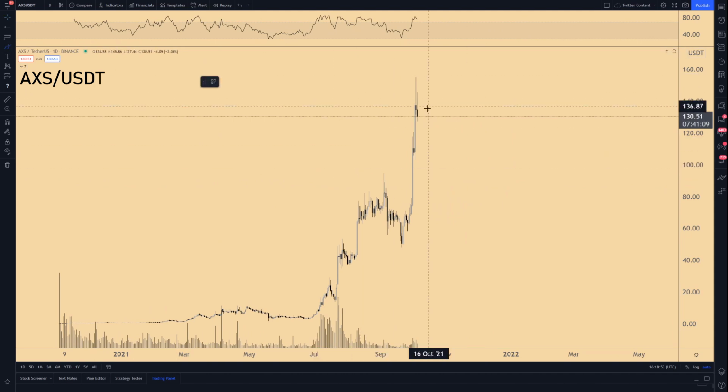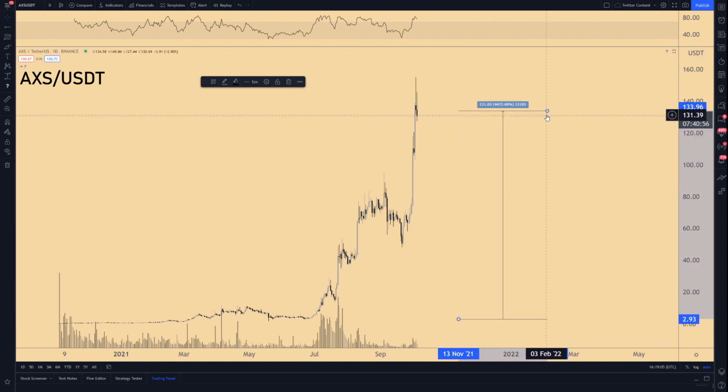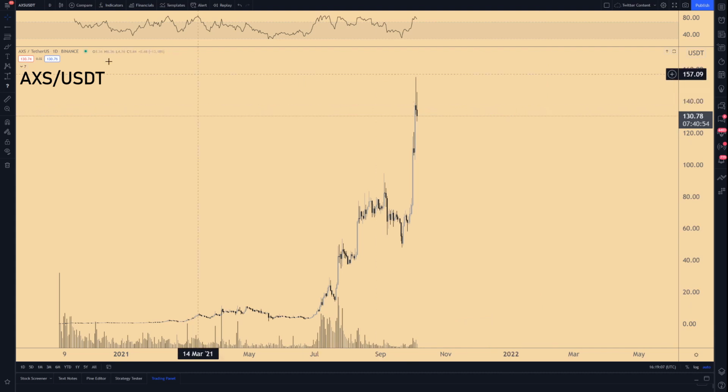So if you're looking for a position on AXS, the question is whether you should still be looking for one that has been performing one of the best lately, as since the crash it's up about 4,500%. If you're looking for a position in this one while it has been going vertical, I think you should switch your focus towards projects that are still eager to continue running to the upside.